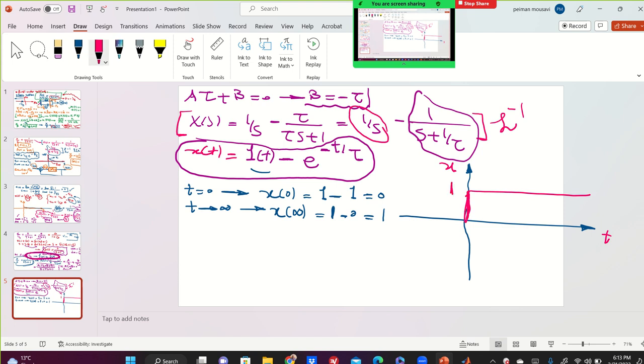The output is going to be this, as it says, from 0 to 1. It's going to be like this. Here we go, first order system. So the output x follows the input.